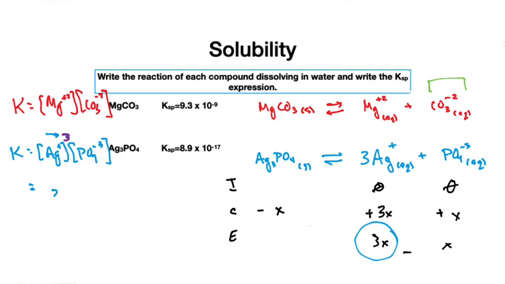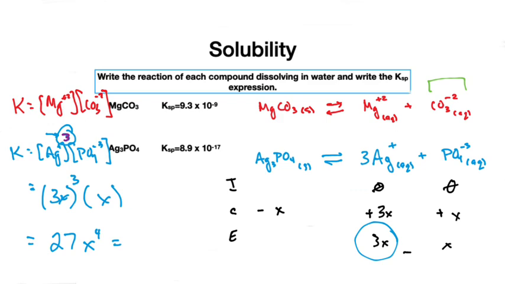The silver ion is 3X cubed. Okay? The phosphate was X. You could then go through and continue that on. 3 cubed is 27. Okay? X cubed times X is X to the fourth.